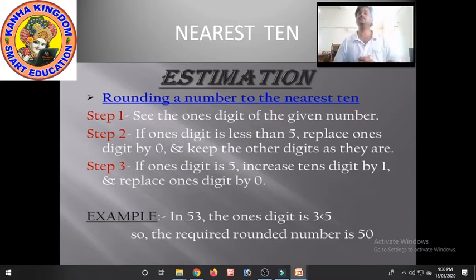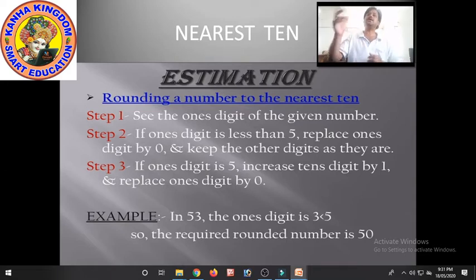Then second step, if the ones digit is less than 5, replace the ones digit by 0 and keep the other digits as they are. Don't panic. You just replace that digit with 0, and all the rest of the digits stay the same.